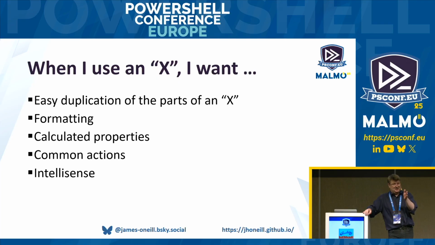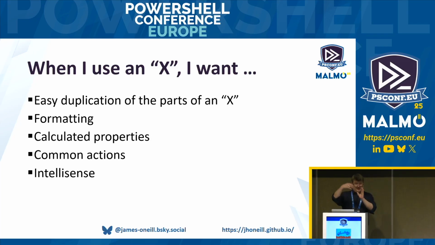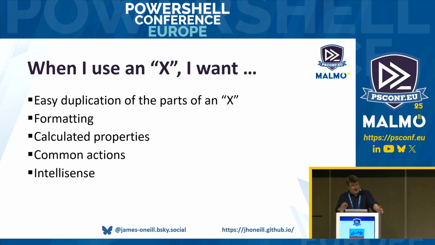So divide the current charge of the battery by the full capacity. I want to do a calculation, and I actually want to get extra properties so that when I get the battery status, I also get the capacity. IntelliSense I've mentioned for tab completion and other common things I might want to do with the object.